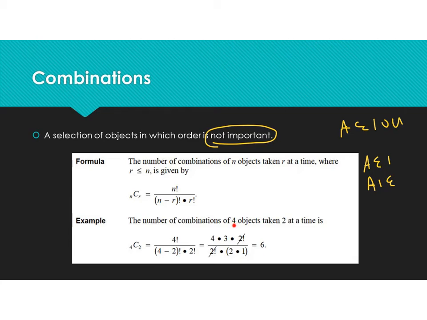If I have 4 objects and I want to take them 2 at a time, the top is 4 factorial, and here is my n minus r factorial times r factorial. We can do some crossing out, and your answer then is 6 different combinations of 4 things taken 2 at a time. So let's look at our extra practice.